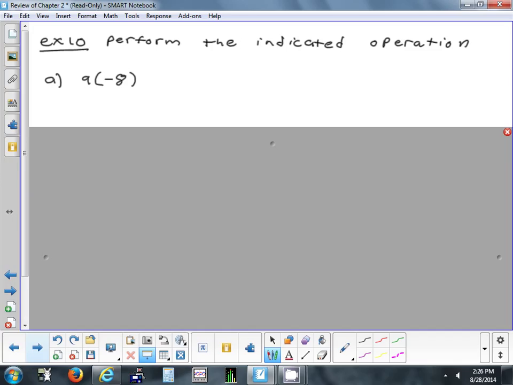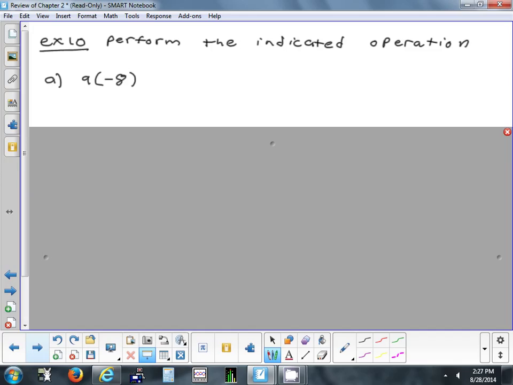Okay. But let's start with the simplest one. What's a positive times a positive? Positive. How about if we have a positive times a negative? That's a negative. Okay. Positive times negative is negative.